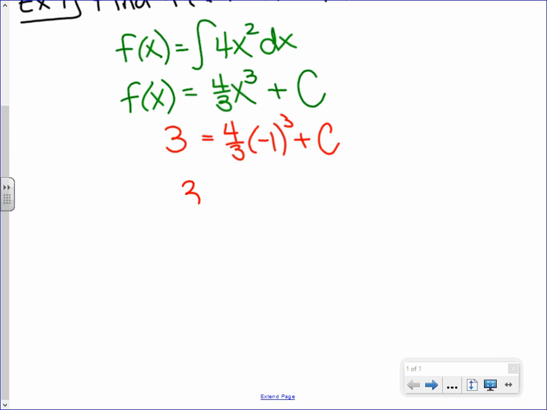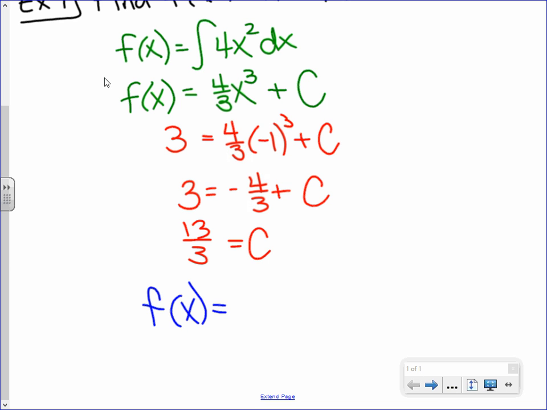So 3 equals -4/3 plus C, which means our C value for this particular solution would be 13/3. So our function is 4/3 x cubed plus 13/3.